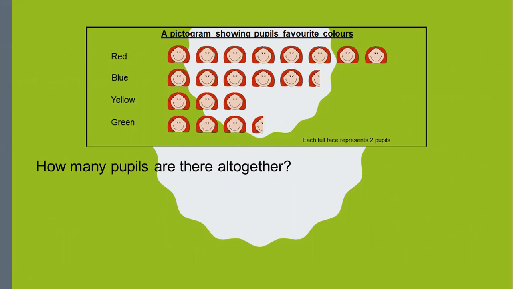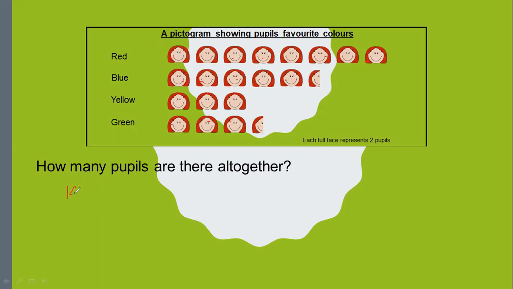And we want to know how many pupils there are together. So you have to count how many heads here, which is 1, 2, 3, 4, 5, 6, 7, 8, 9, 10, 11, 12, 13. The halves we take later. 13, 14, 15, 16, 17, 18, 19.